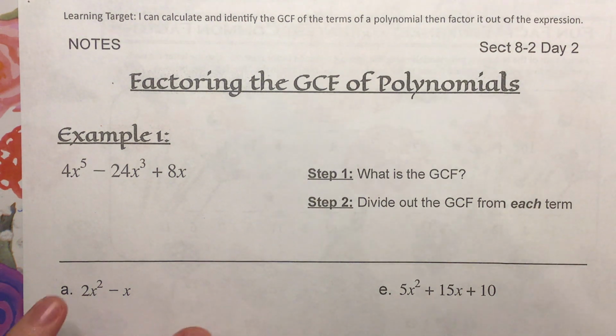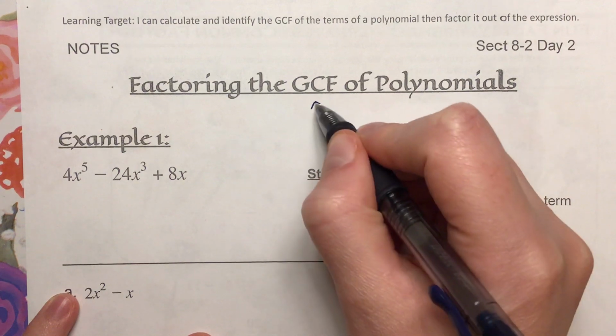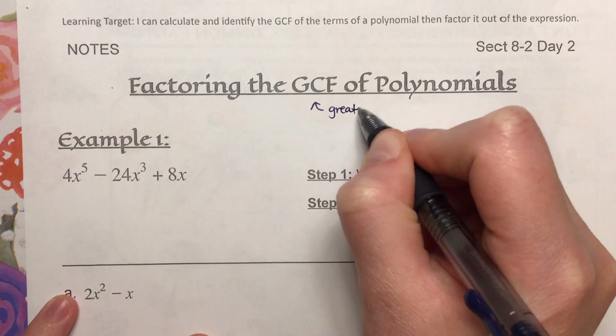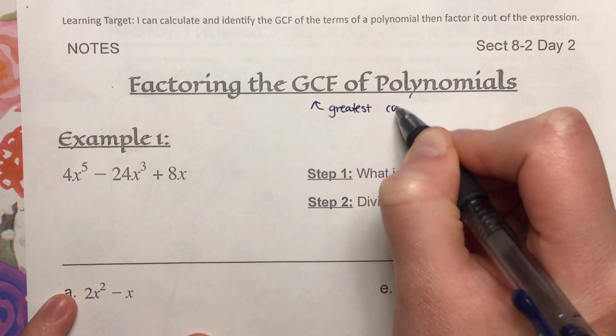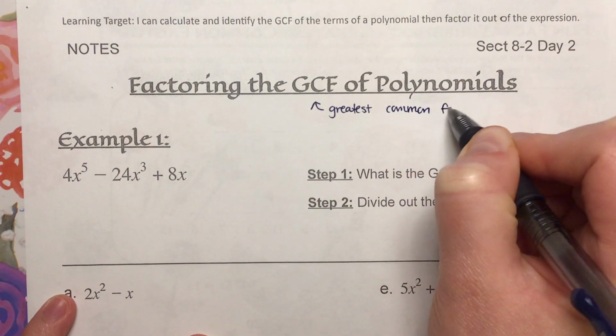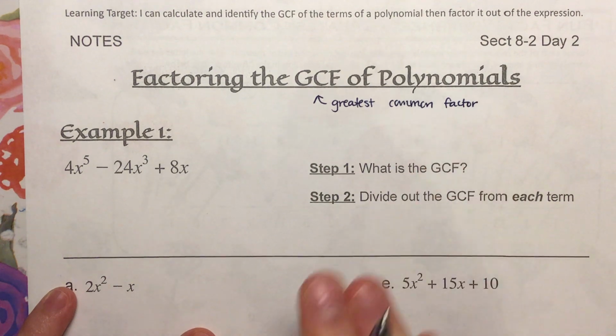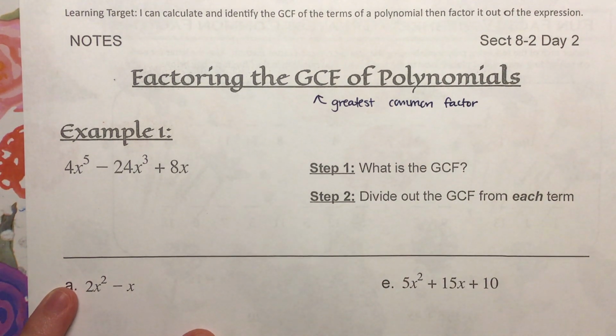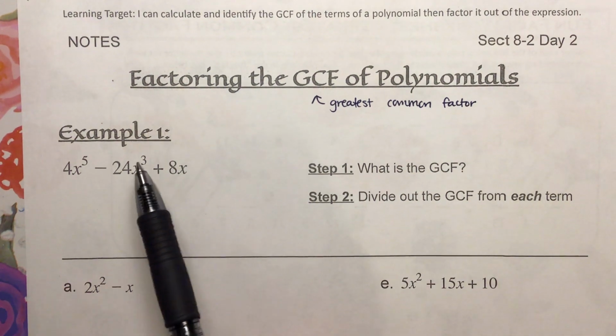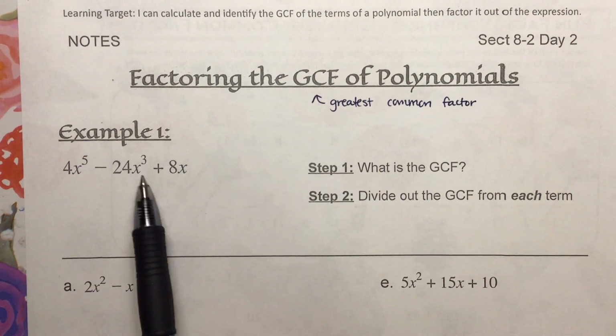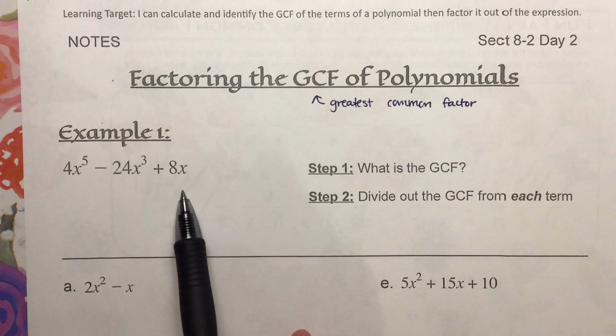So what is a GCF? A GCF is the greatest common factor. So factors are what you can break the number down into by multiplication. So we're asking ourselves, what is the biggest number that I can take out of all of my terms in a polynomial?